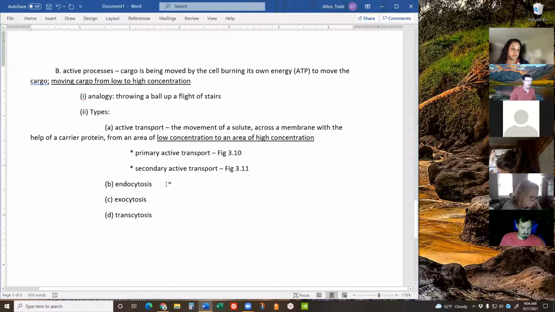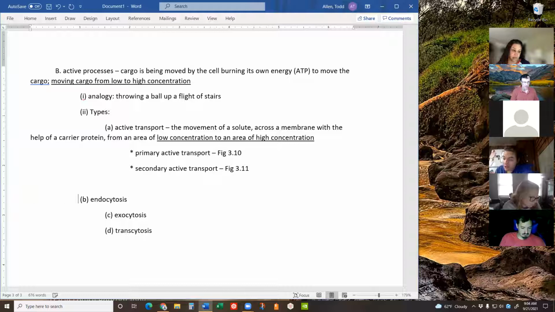Now we have this endocytosis, exocytosis, and transcytosis business, okay? All of these three things here are forms of vesicular transport. So let me put a heading here, vesicle transport. By vesicle transport, what we're saying is that a vesicle is formed to move the cargo.